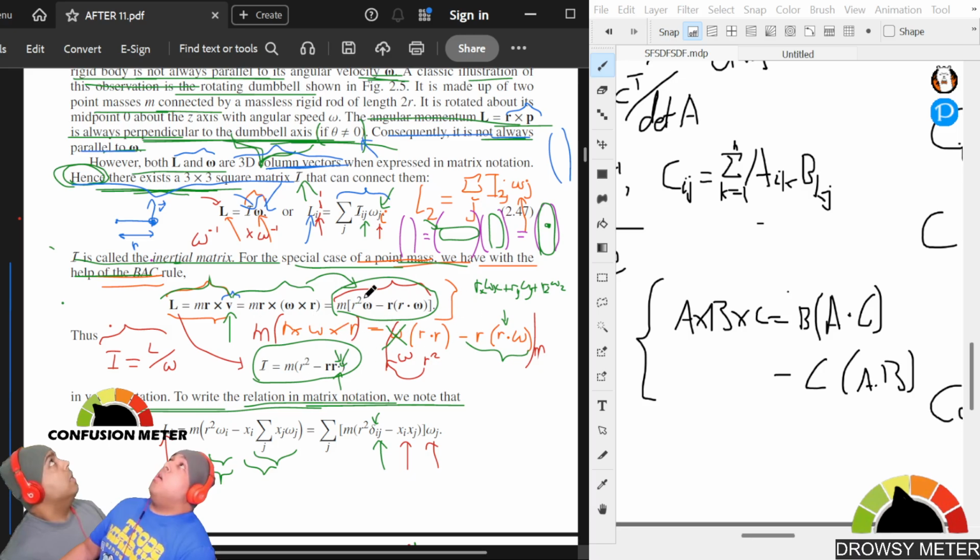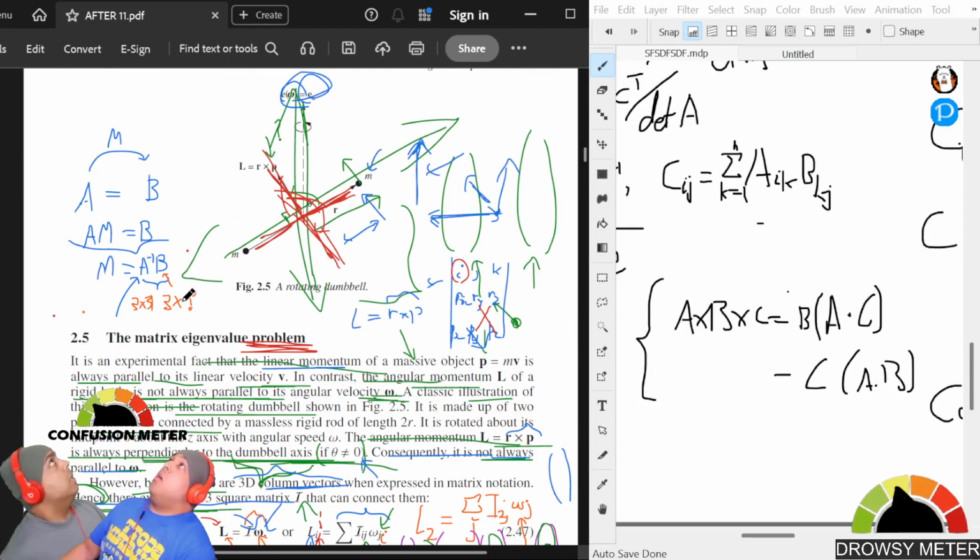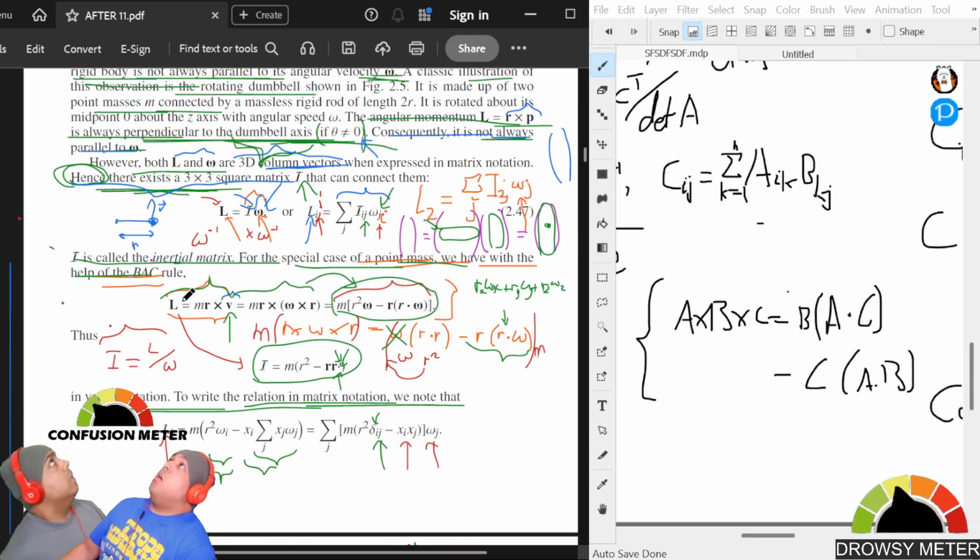r squared, L. There's a 3 by 1. There's a 3 by 1. 3 by 3, 3 by 1.